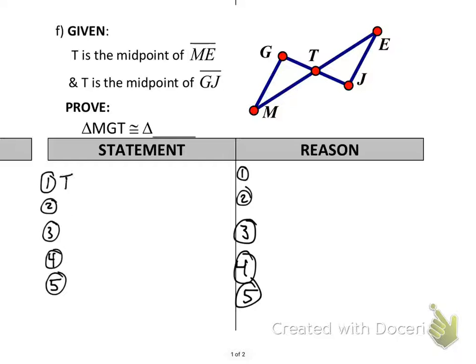So we can do T is the midpoint of ME, and then T is the midpoint of GJ. That's given. Neither one of those is a congruent statement of any kind. So I'll just leave it like that.